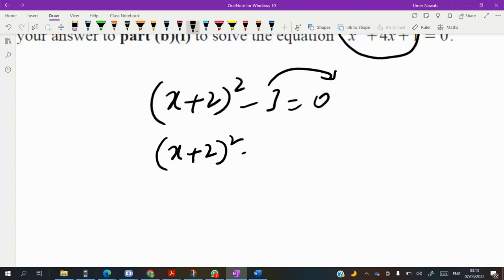We got 1.58, and the second one is 0.42. The examiner needs full working, so you can show it to the examiner. A is 3, B is minus 6, and C is 2. Use the quadratic formula, b squared minus 4ac all over 2a, and then we substitute the values over there. We got the two answers.